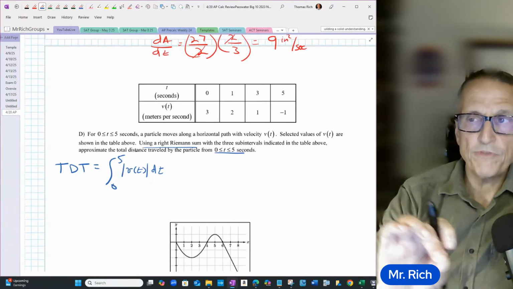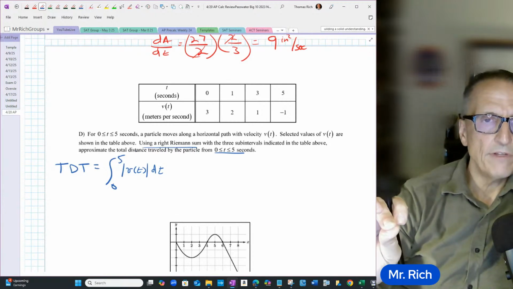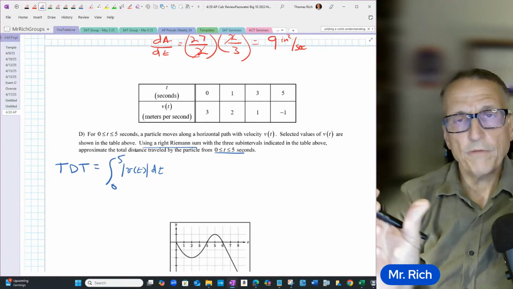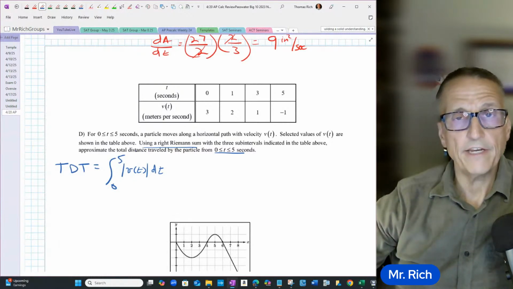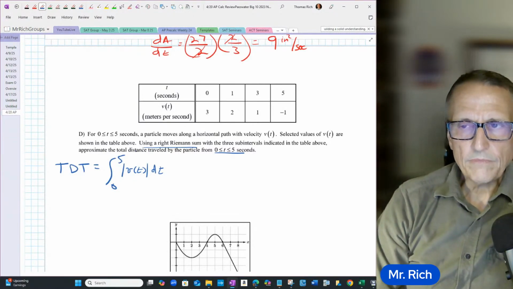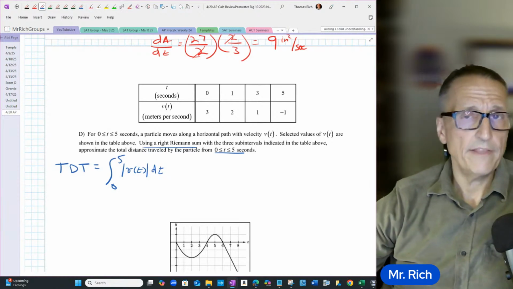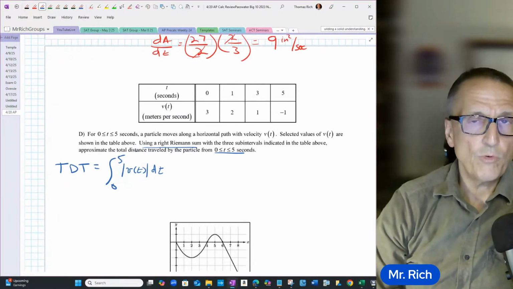So if the object moves 18 units right and then 5 units left, your answer for the integral is going to be 13, because you'll get a positive 18 and a negative 5 when you integrate. But really, if you go right 18 and then left 5, that's a total distance traveled of 23.